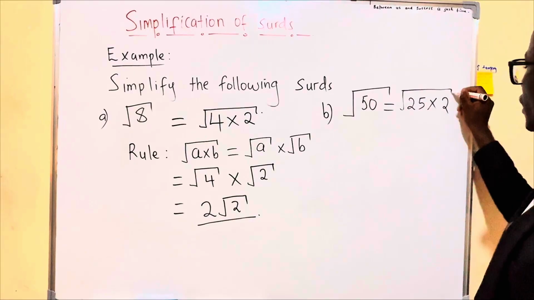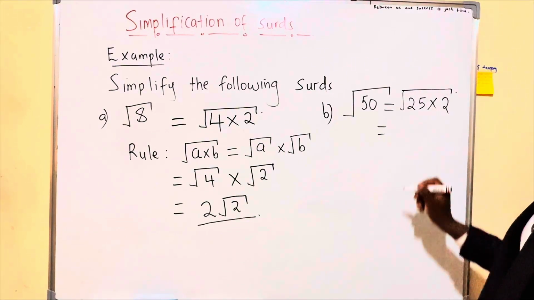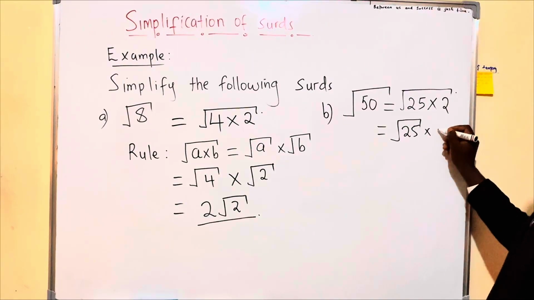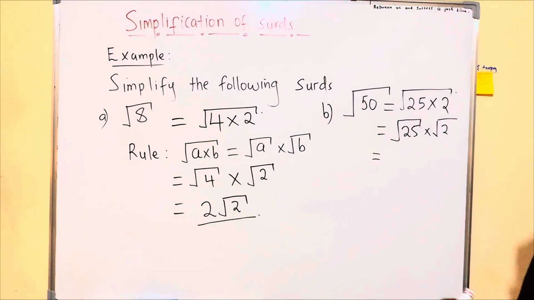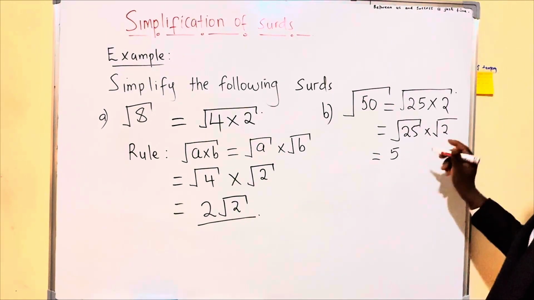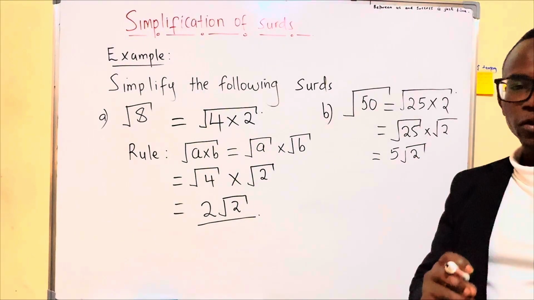Then we take the root, not forgetting the principle. So this is equal to the square root of 25, then times the square root of 2. So the root of 25 is the same as 5, and the root of 2 is going to remain as a surd of 2.